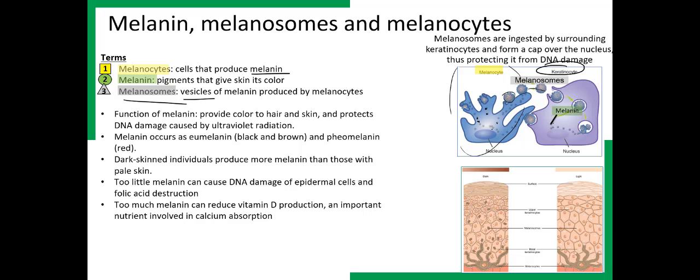The keratinocytes digest the melanosomes and release the melanin pigment. And then the melanin helps to protect the nucleus of the keratinocytes from UV damage.